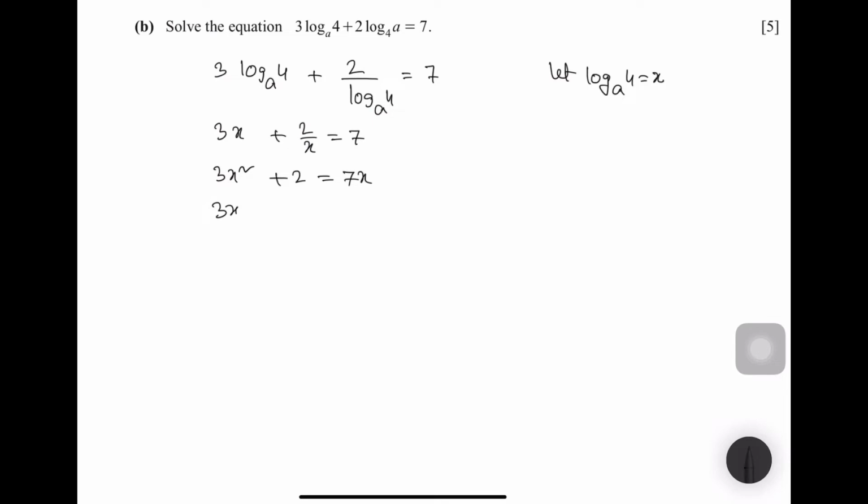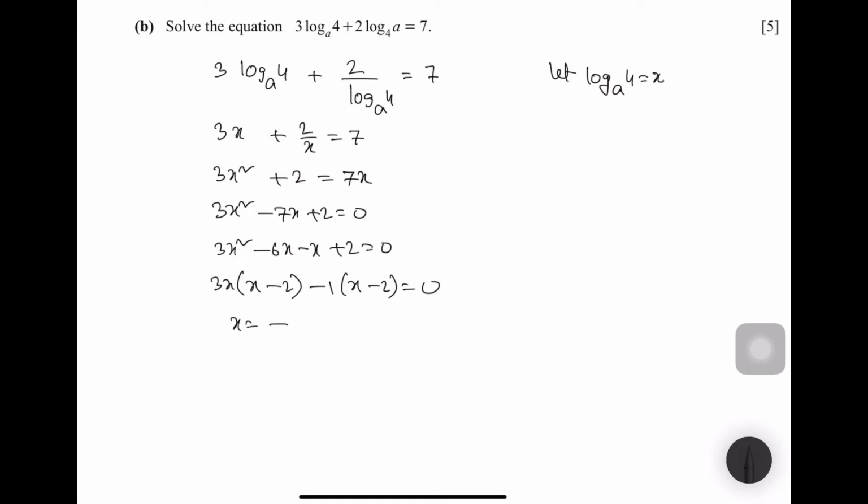Let us arrange. So now simplify this, 3x squared minus 6x minus x plus 2 equals 0. So 3x be common, x minus 2, minus 1 be common, x minus 2 equals 0. Now x equals 1 by 3 and another one is x equals 2.